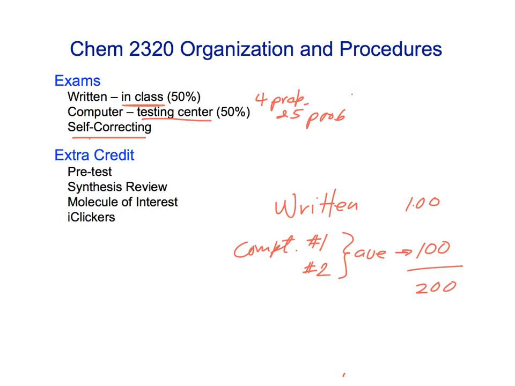You'll have from Monday after class until Wednesday night to do the first attempt. When that closes, the second attempt will open, and that will go through essentially midnight on Friday. So that'll be the schedule for each of the exams.